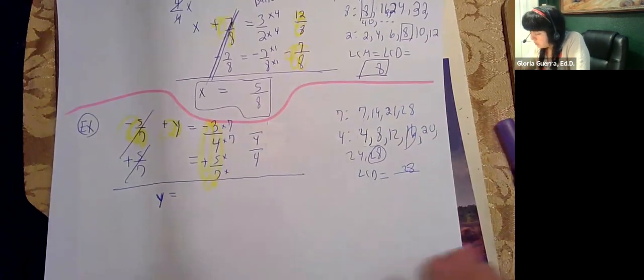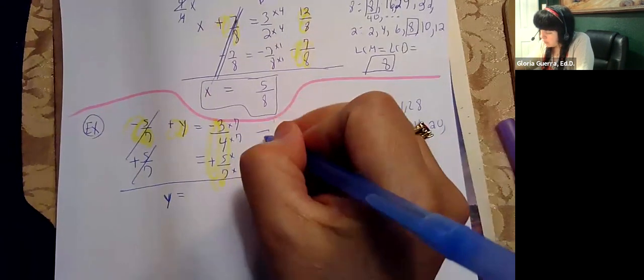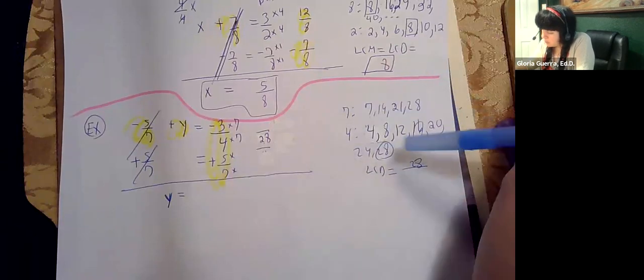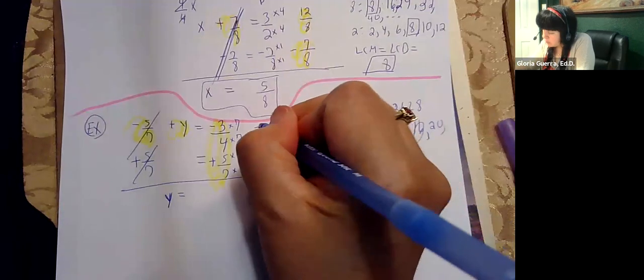We're multiplying across. 7 times 4 is 28. And negative 3 times 7 is negative 21.